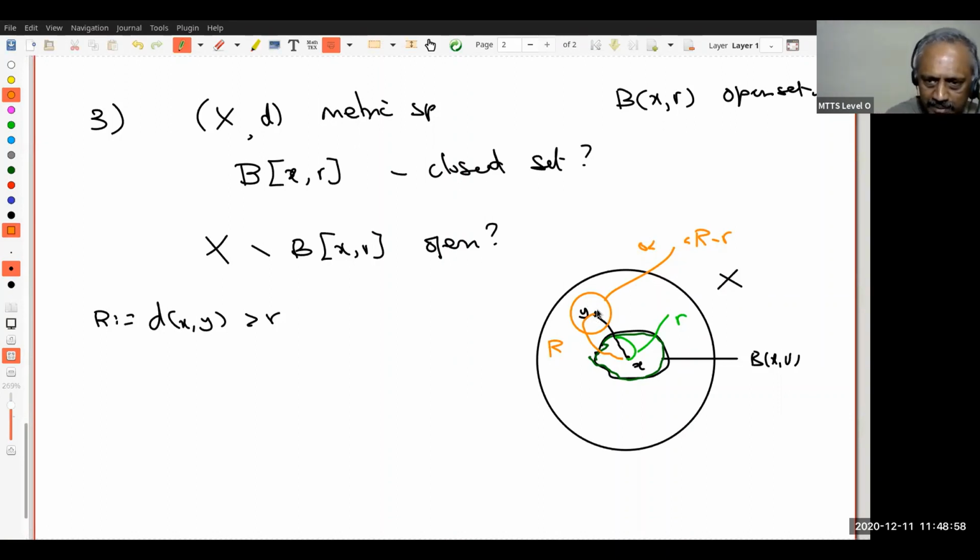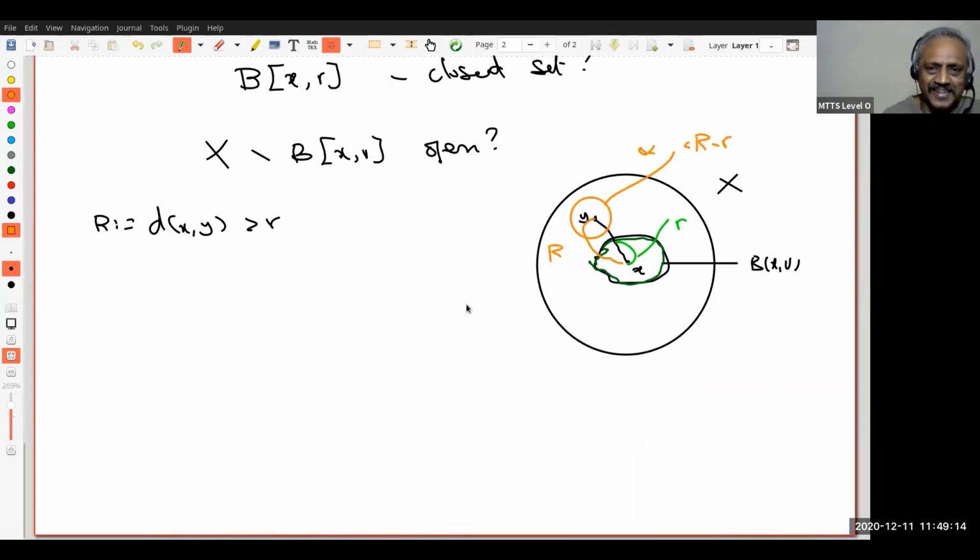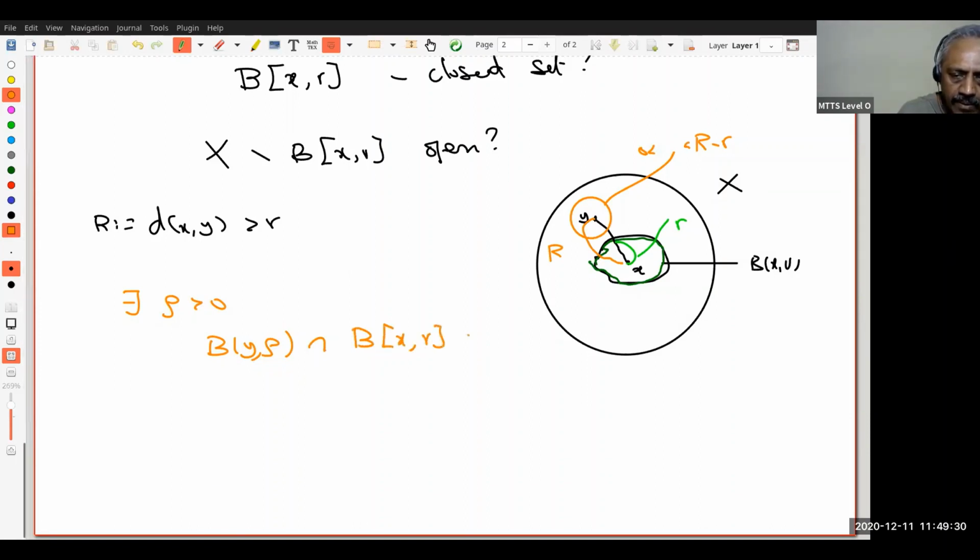Do you remember the same way I proved B(x, r) is an open set? First we used a picture, then we also worked backwards. That's a keyword, work backwards. So what I want to know is whether there exists a rho positive such that B(y, rho) intersection B(x, R) is empty.